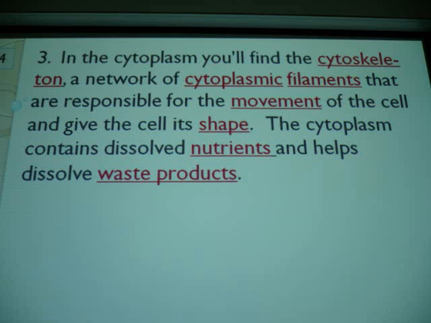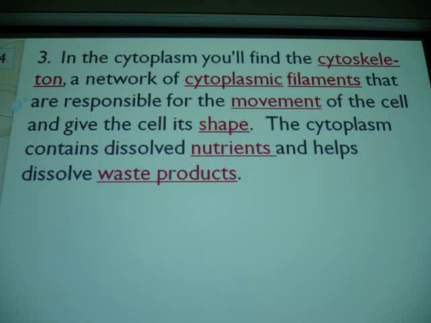Those are too close together right there. No big deal. It bothers me. Cytoplasmic needs to be red. Oh, cytoplasmic before filaments. That's red also? Okay. Very good.